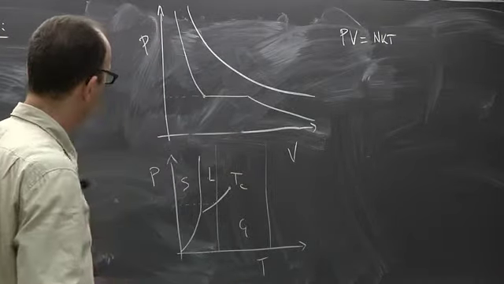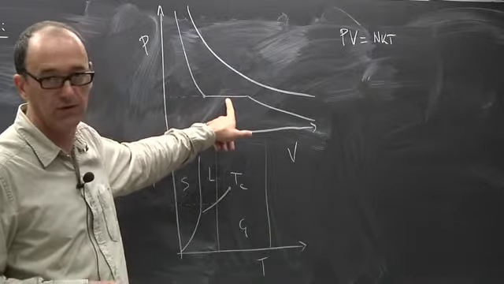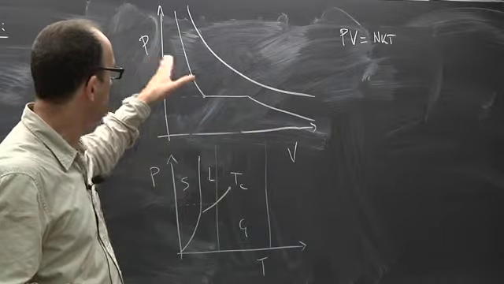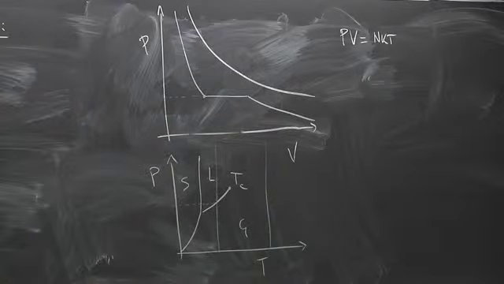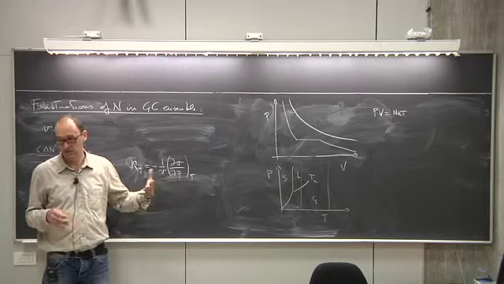So you see at the phase transition, the pressure as a function of the volume is flat. So the derivative of the specific volume with respect to the pressure is infinite.